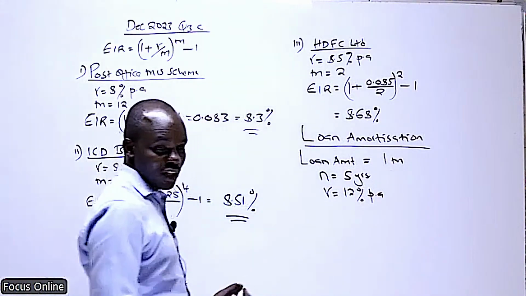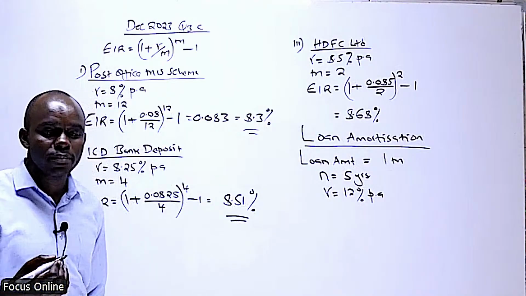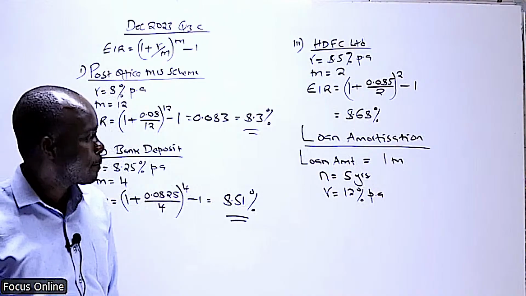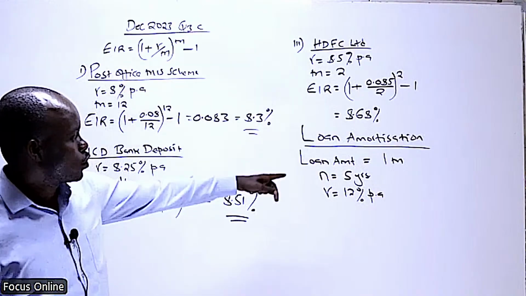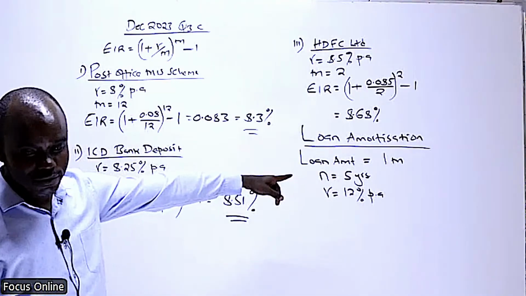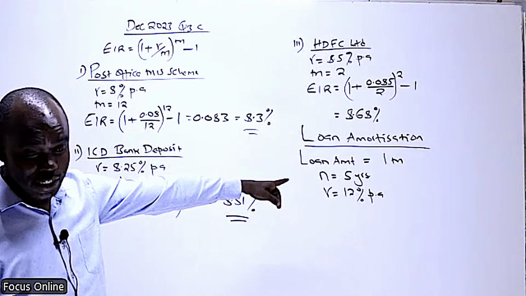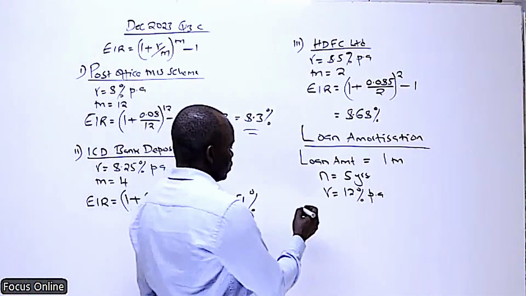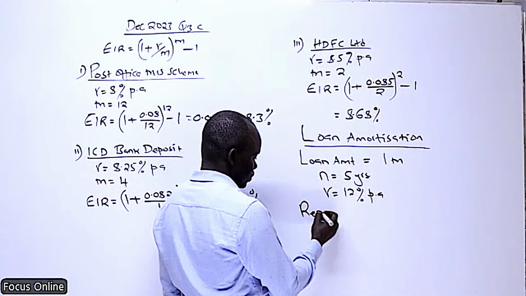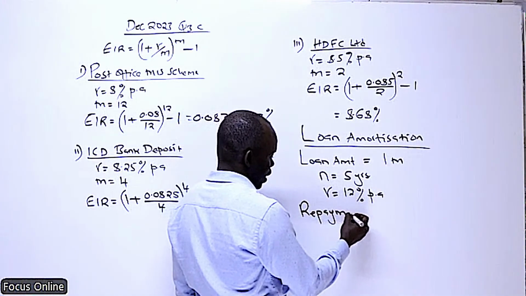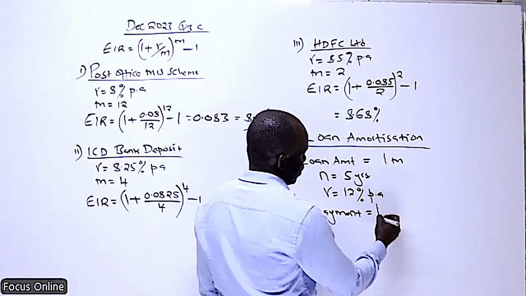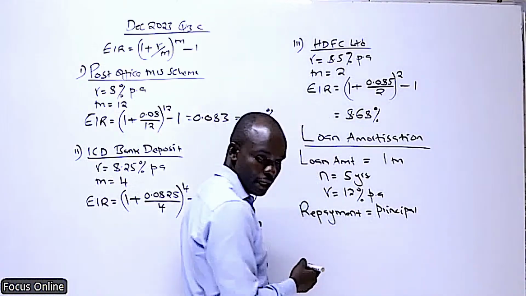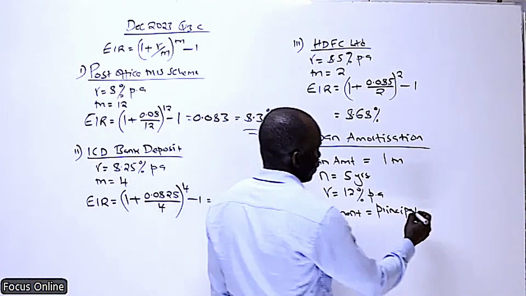So what the loan amortization does, it helps us to understand how much should be the installment payable for this loan to be exhausted in a period of 5 years. Remember, when you acquire a loan, you will pay the principal plus the interest charged.